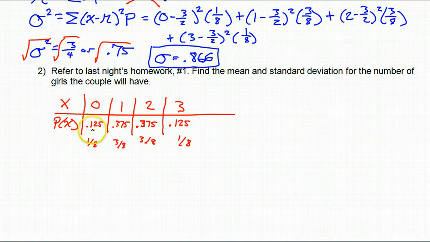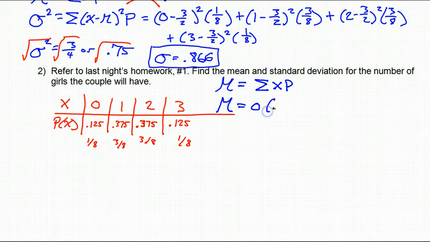Okay, so this is the probability distribution from last night's homework number 1. But we are now supposed to find the mean and the standard deviation. So the mean, remember, is the sum of all the x times p's. So the mean is going to be, and I'm going to use a decimal this time, x times p.